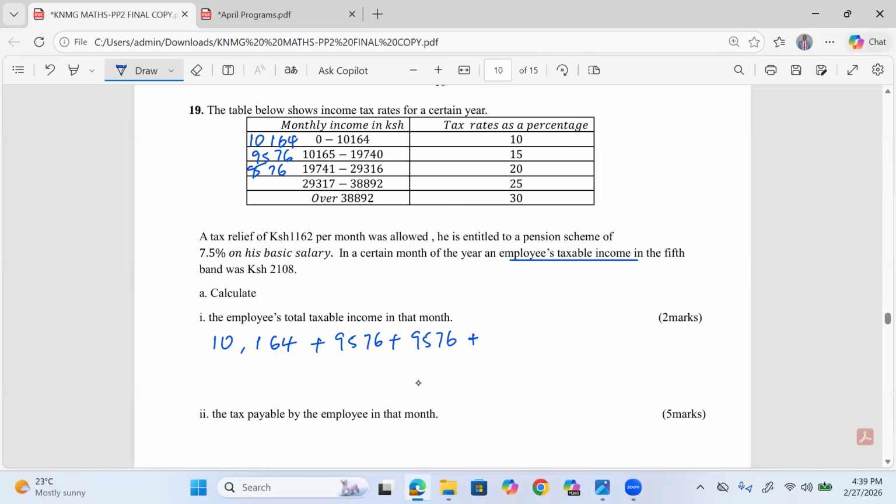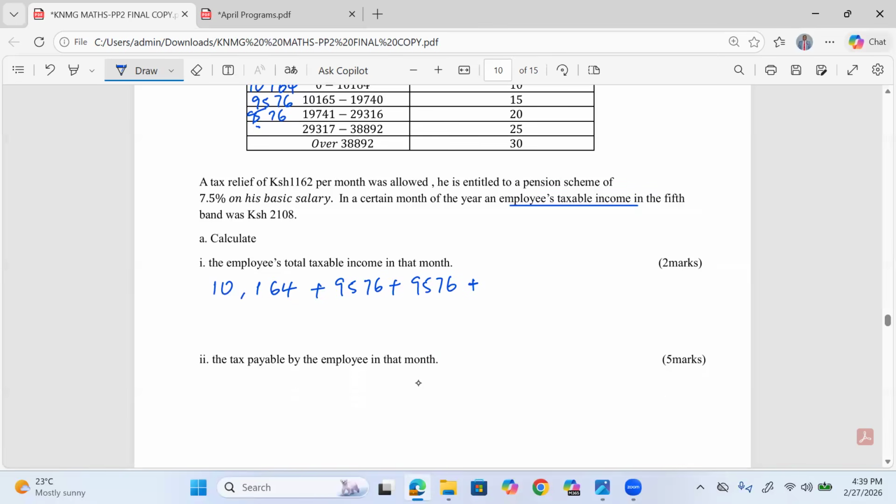This gives us 9576 again. And finally, we are being told that in the fifth band, we're going to tax him 2108.